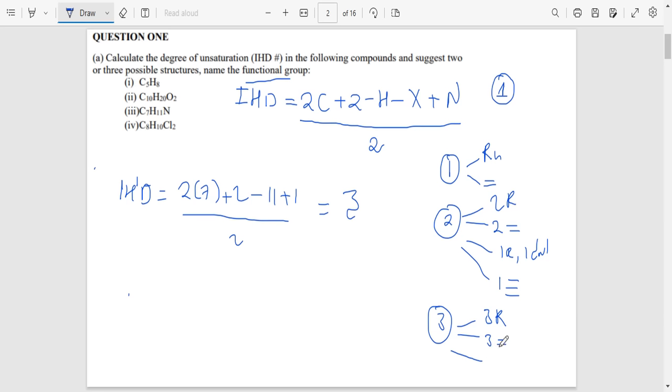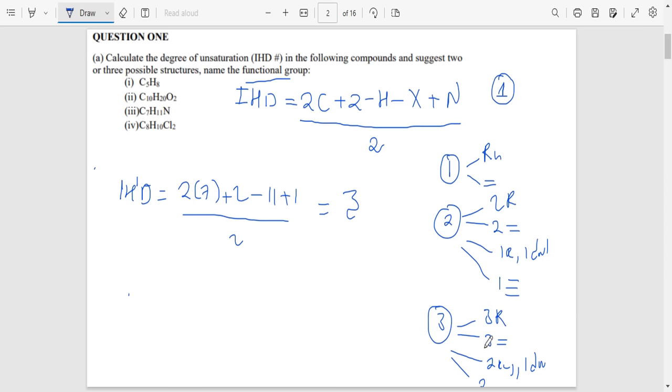How is that? We can have two rings and one double bond, or we can have two double bonds and one ring. So all those are going to be the meaning of that IHD.